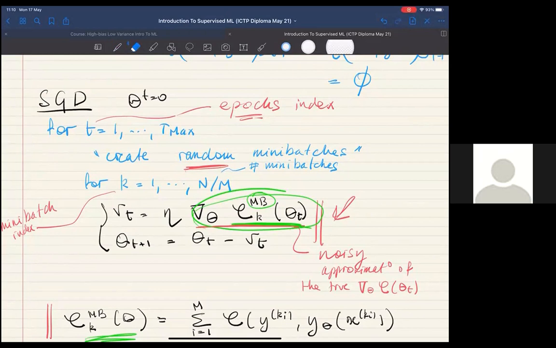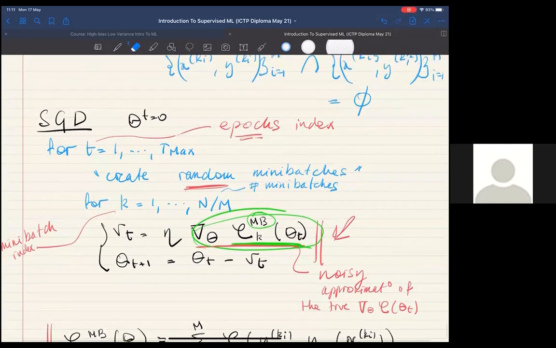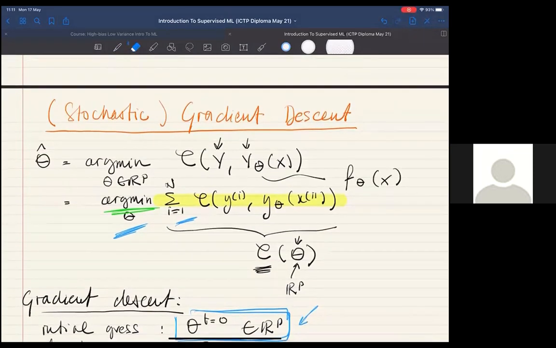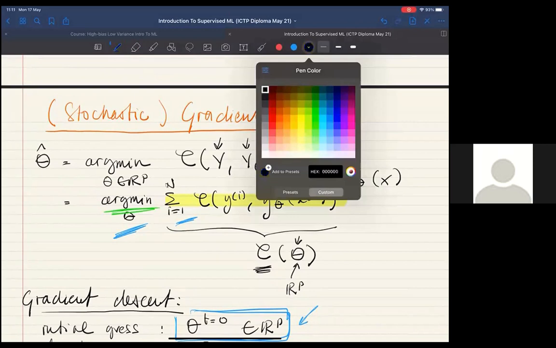And when I say true gradient, we have to be careful here. What does true mean? Let me divide by n to create an empirical average.